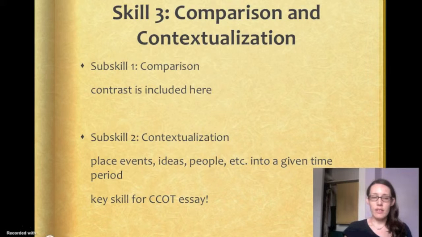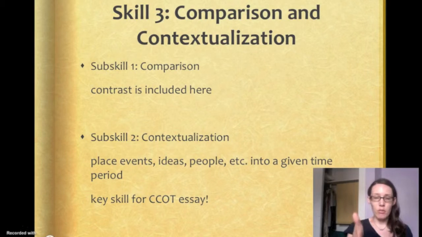Also realize that the College Board calls this skill comparison, but they actually also imply that you should be contrasting. So if there's an essay question that says, compare the development of the New England colonies with the Southern colonies, if you just compare, if you just explain why they are alike, you're not going to get full points. You also have to explain the differences.